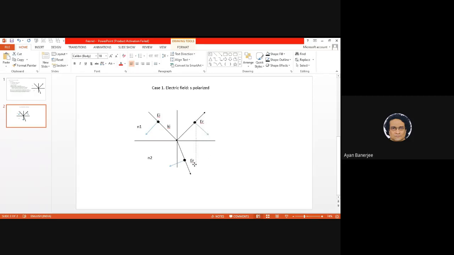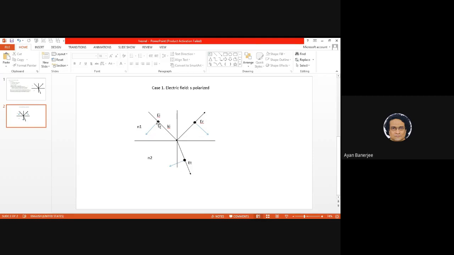My boundary condition is that the tangential component of the electric field is continuous, so that is what I will always go by.